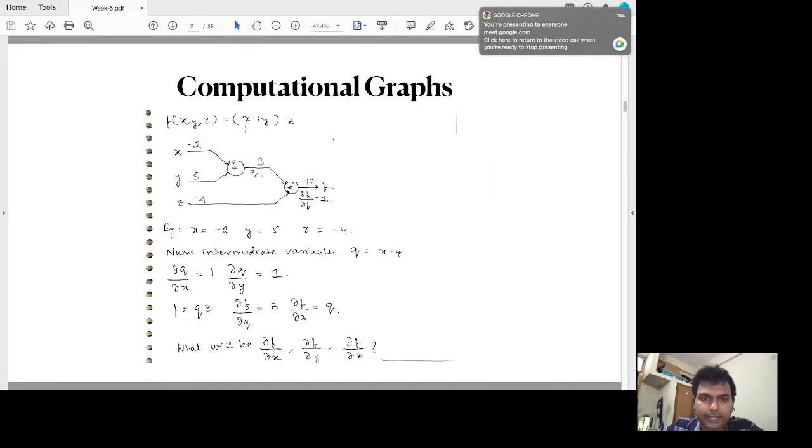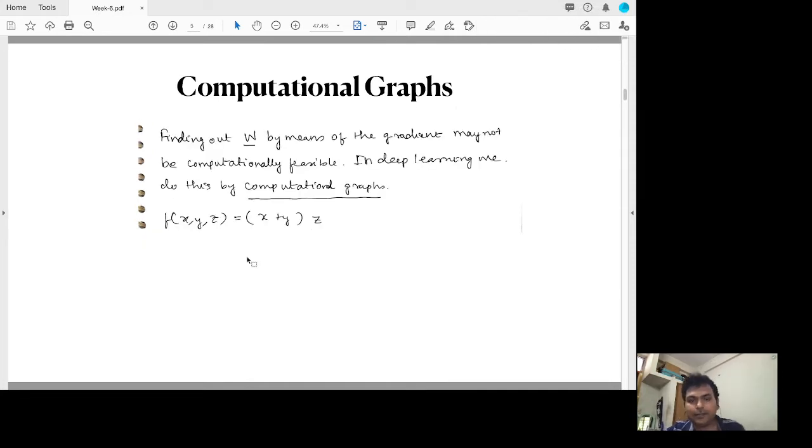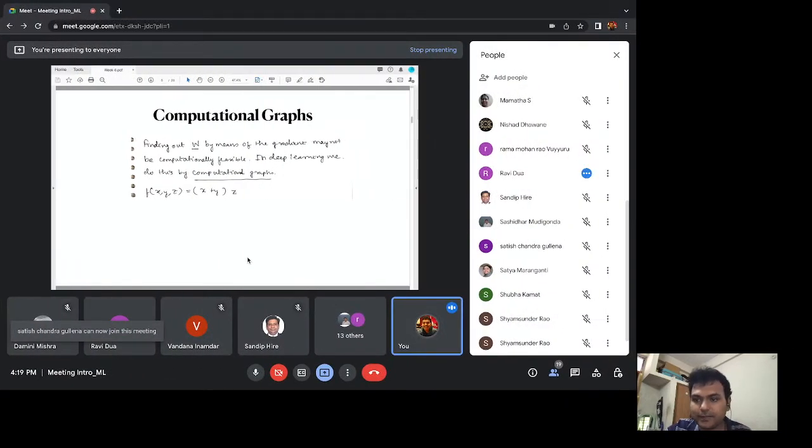Okay, I'll explain it again. Suppose you are given the function x plus y into z. I'll remove the computational graph from the screen. This is the function for which you require the computational graph. What are the two computations that are happening in this equation, x plus y into z?